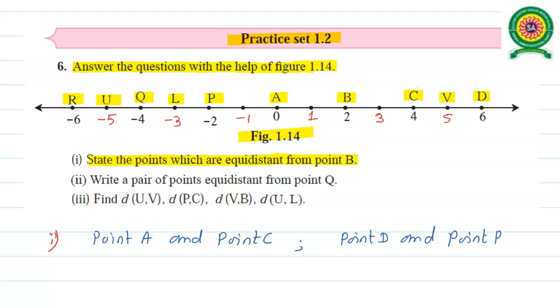Now look at the next sub question. We have to write pairs of points equidistant from point Q. Look at point Q. Q is at minus 4.